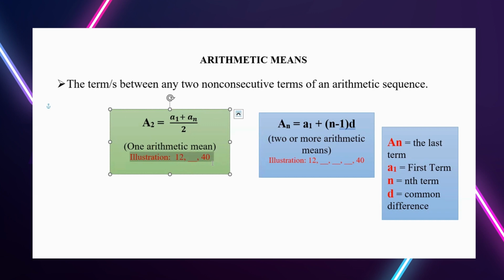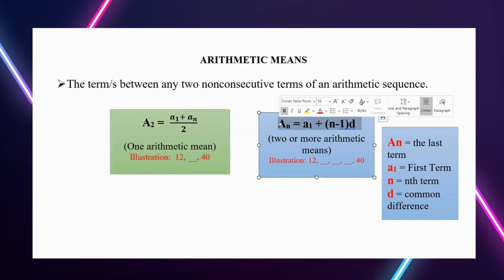Makikita natin sa ating illustration na isa lamang ang hinahanap na number o term sa pagitan ng dalawang non-consecutive terms. At ang halimbawa na ito ang nagpapakita na ang hinahanap natin ay isang arithmetic mean lamang at gagamitin natin ang formula na a sub 2 is equal to a sub 1 plus a sub n all over 2.